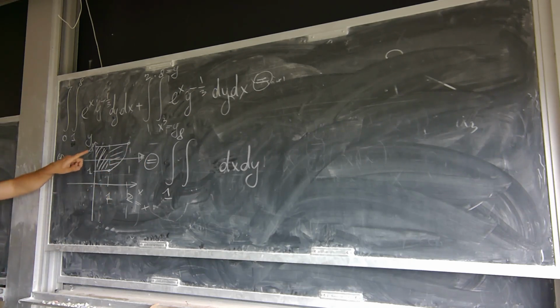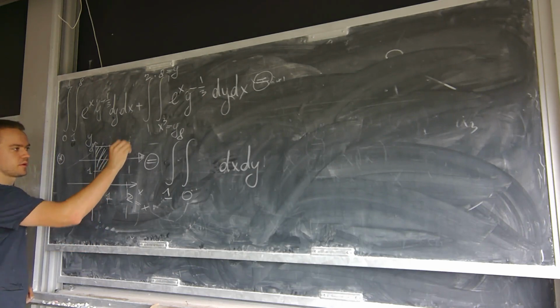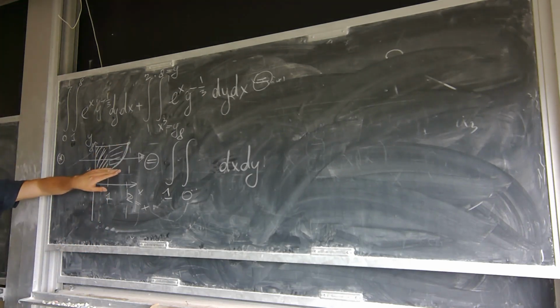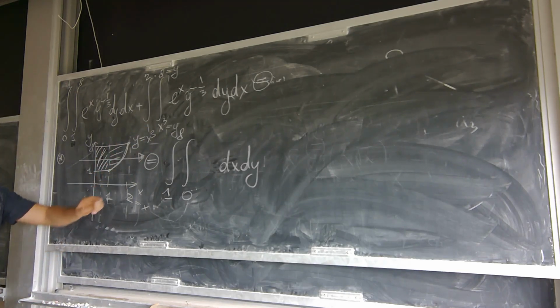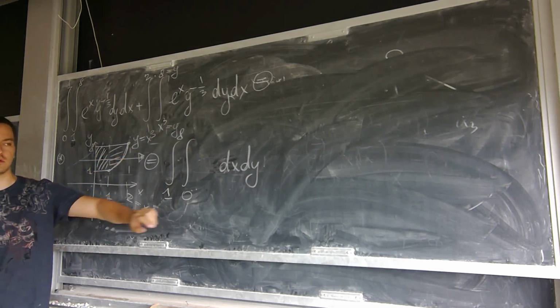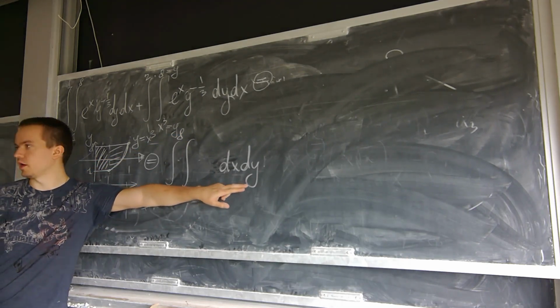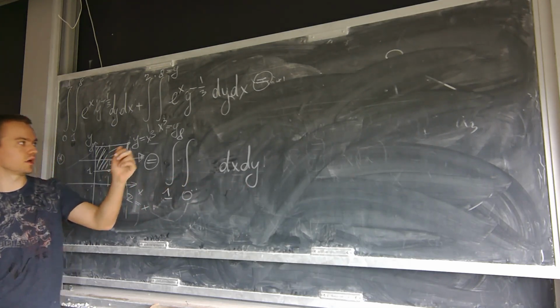What's the first function we intersect? 0. Okay. And then how should we express this function? What is the equation of this function? y equals x cubed. If I want to plug in an equation here, this equation should be in what variable? In y, yes, because I'm integrating dx dy.